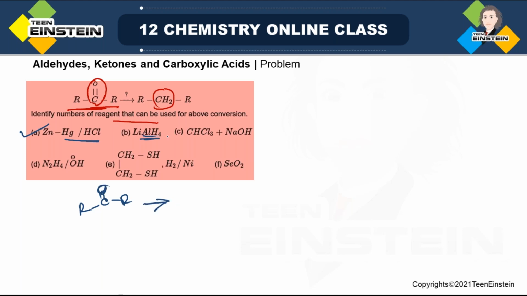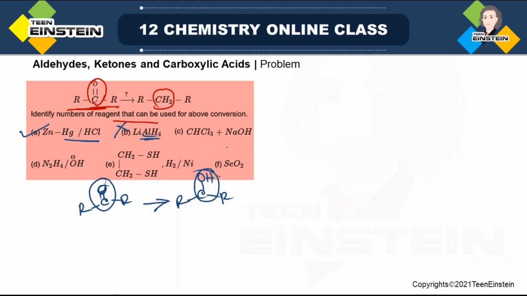Now if you are thinking why I have not discussed it, because that is discussed under the topic reduction to alcohol. Details you will find in the other chapter. So now it is alcohol. So it is not converting C=O group to CH2, it is converting C=O to C-OH. So this cannot be correct.